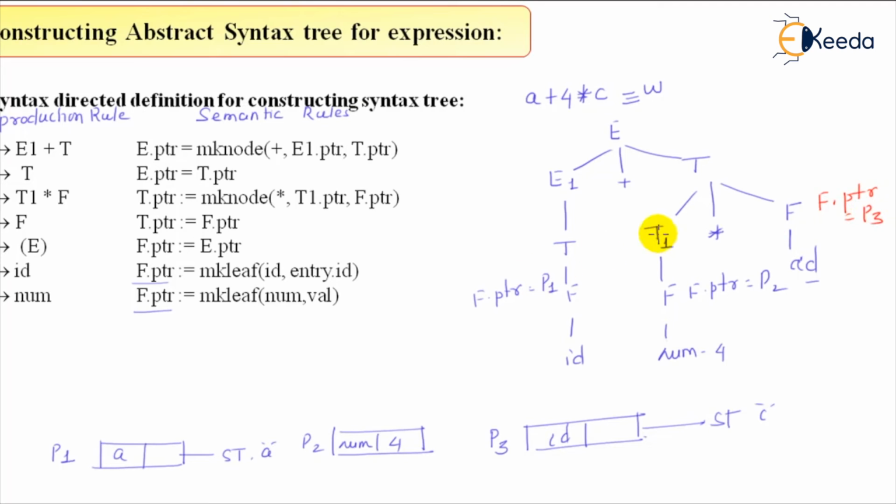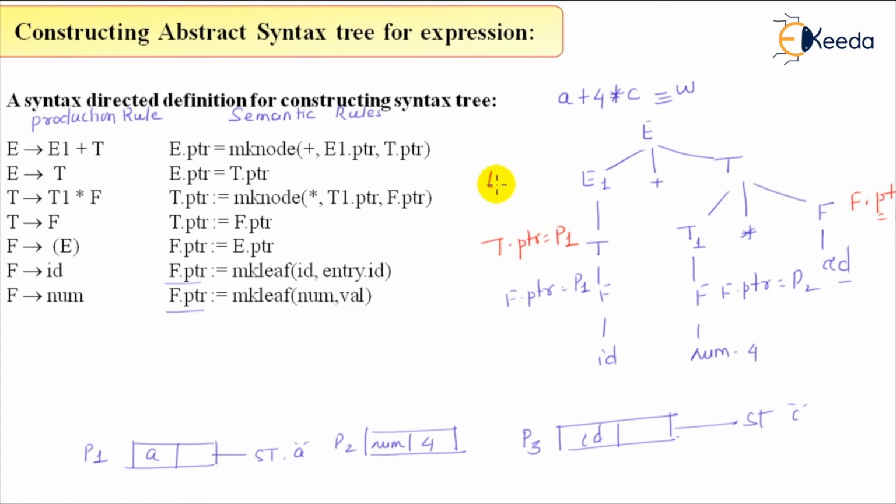T to f, t dot ptr will be equal to p1, and e to t, e dot ptr will be equal to p1 again. So this is a chain that is working from here to here. Now here t to f, t dot ptr will be equal to p2, and here f dot ptr is equal to p3.